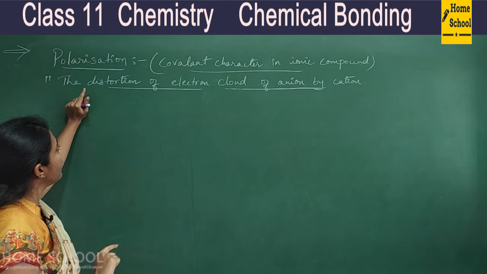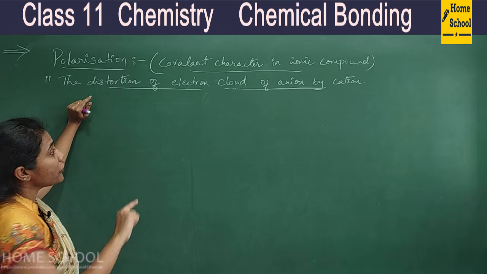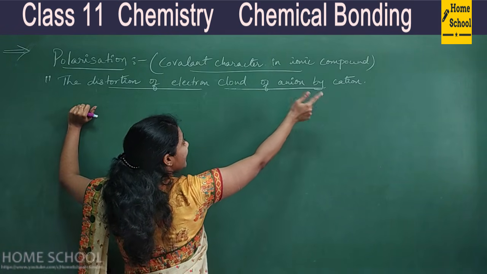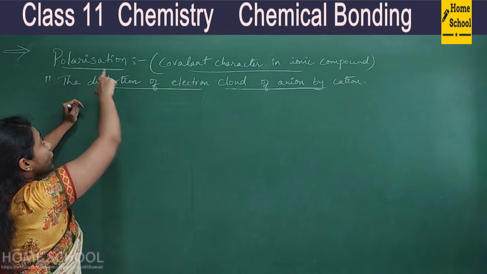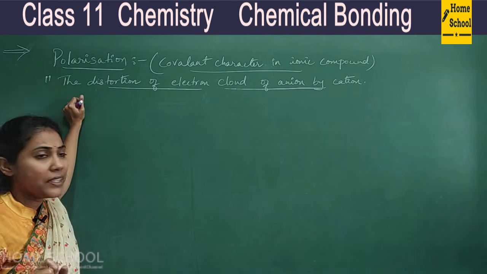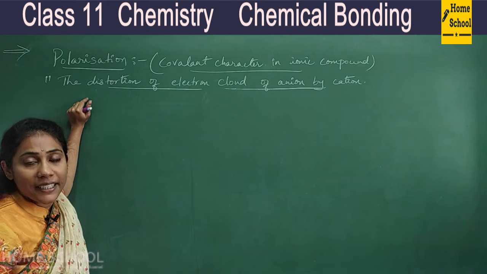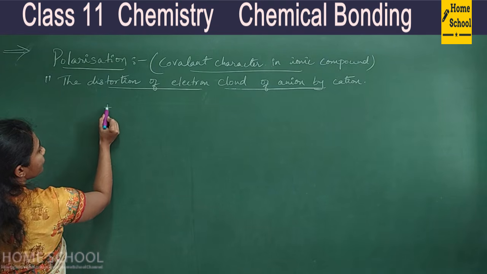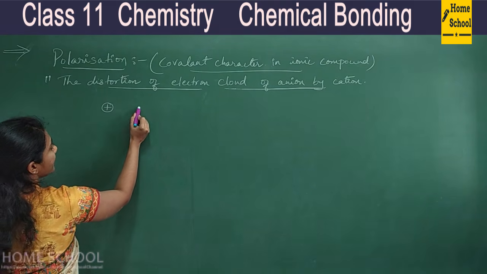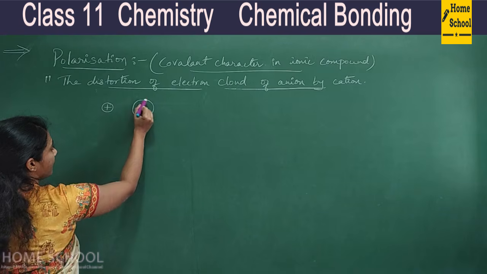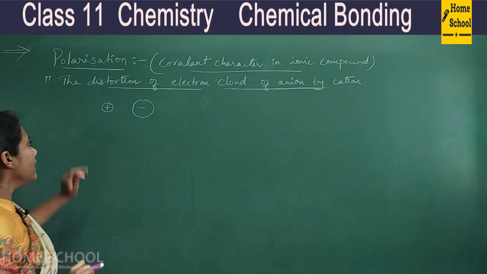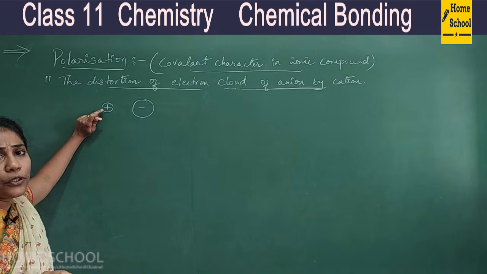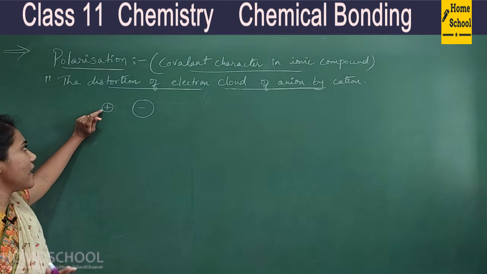You can look at the definition. The distortion of the electron cloud of an anion by a cation is what is called polarization. So what do you understand by this sentence? It's very simple. Suppose this is our cation and this is our anion. Every cation has a nucleus, around that electrons are there.